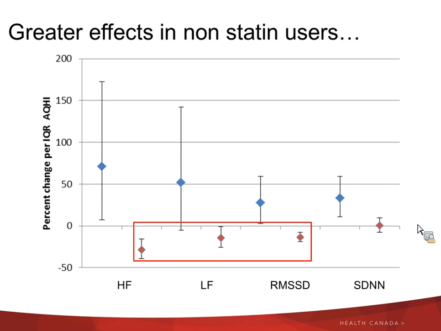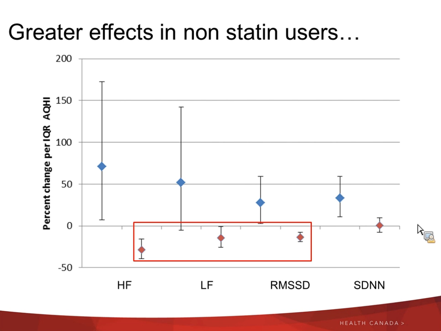Now, one other interesting finding was that in 2013 we found some evidence of greater effects in non-statin users. Statins are a cholesterol-lowering drug, which is thought to have also anti-inflammatory properties.